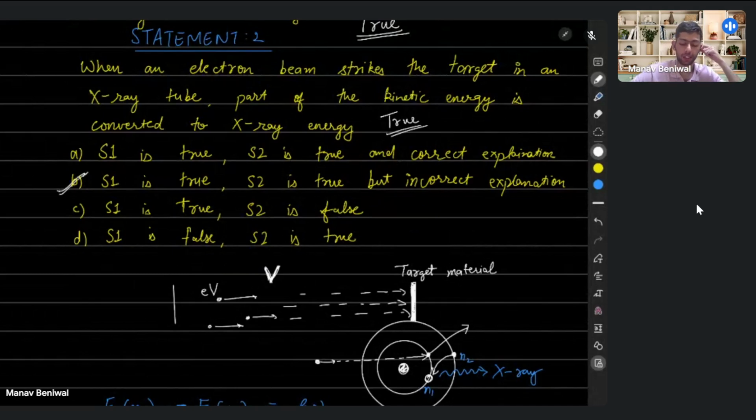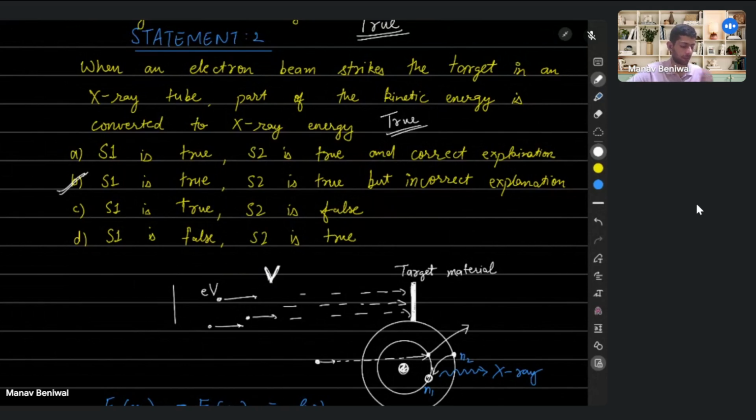Why is it not the correct explanation? Because the characteristic X-rays originate because of electronic transition between discrete energy levels in an atom, as we have seen here. Statement 2 is just a general statement regarding the process of X-ray generation.